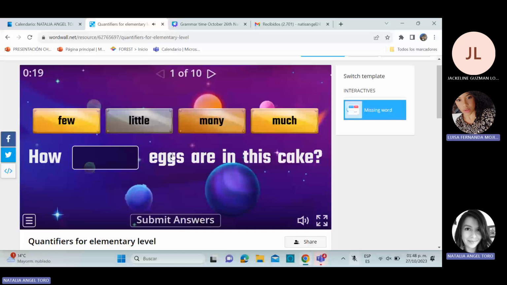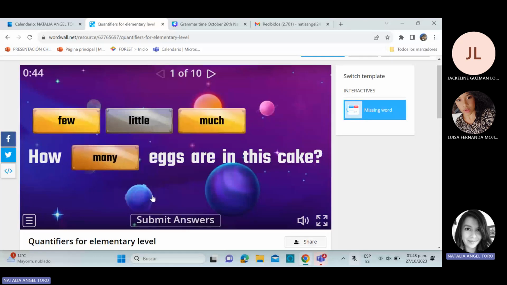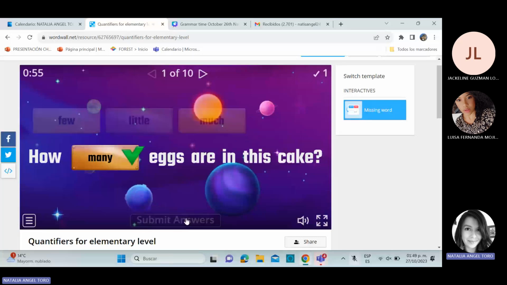How many eggs are in this cake? Because it's a countable noun and we are asking a question, and we want to know the quantity of eggs we need to prepare. Oh, excellent. Thank you, Luisa.